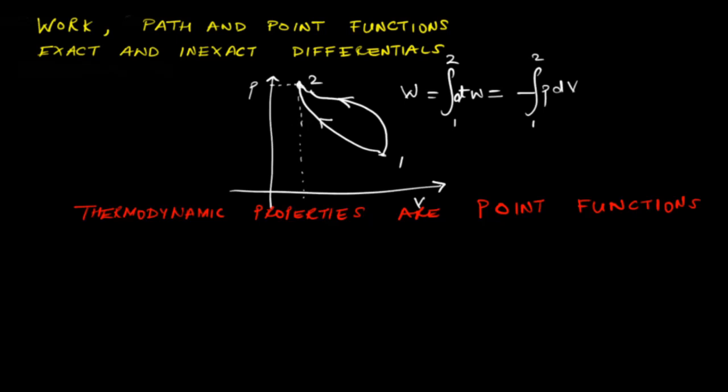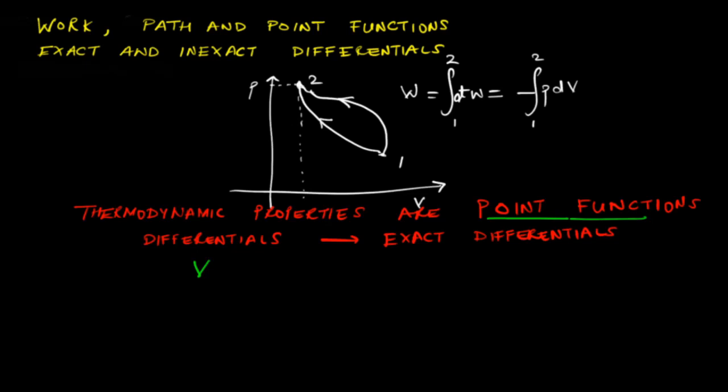And the differentials of the point functions are called exact differentials. For example, V, the volume over here, is a thermodynamic property. So V is a point function, and the differential dV is an exact differential.